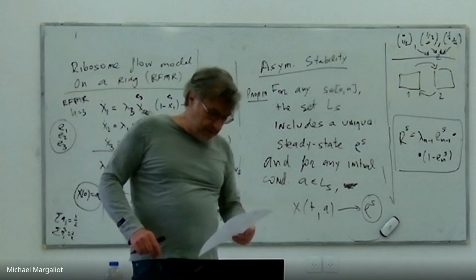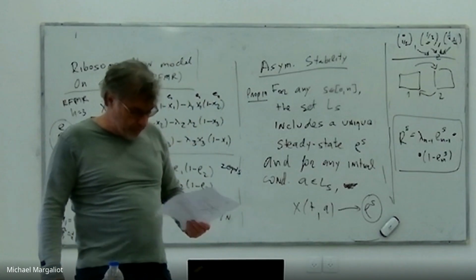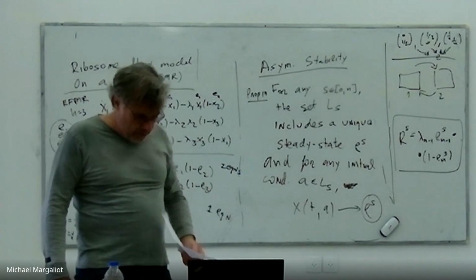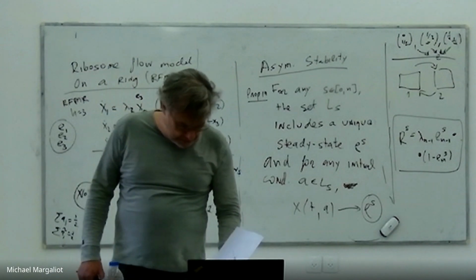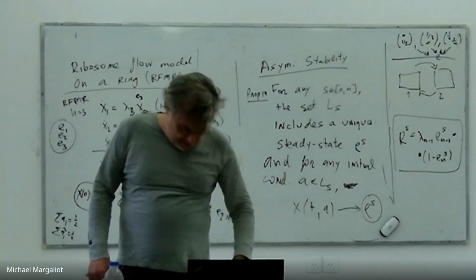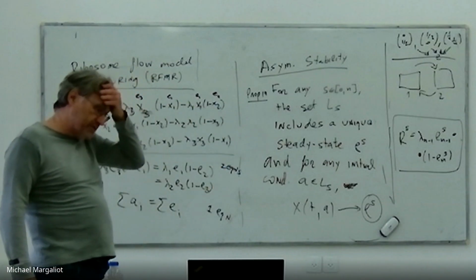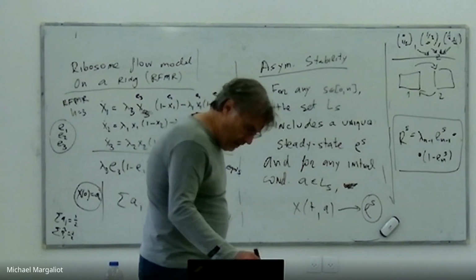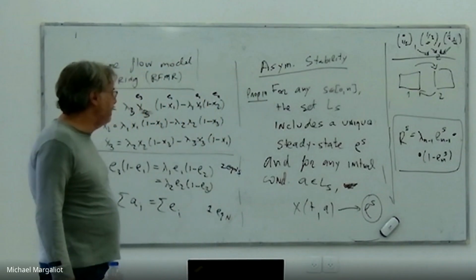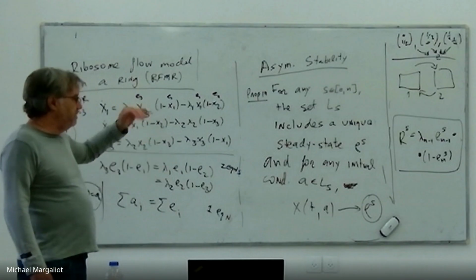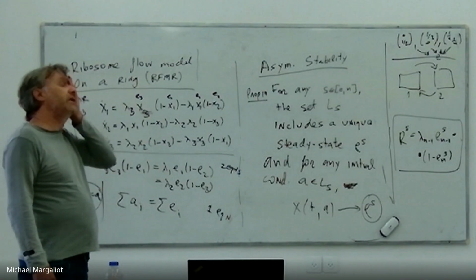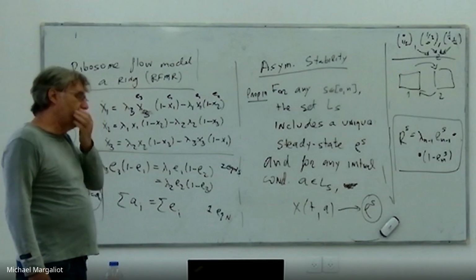Okay, so in the next talk, we will talk a little bit more about the RFMR. There is an interesting spectral representation here for the optimal steady-state flow. I will speak about this. And then we will see that from this spectral representation, we can actually get the spectral representation of the RFM.